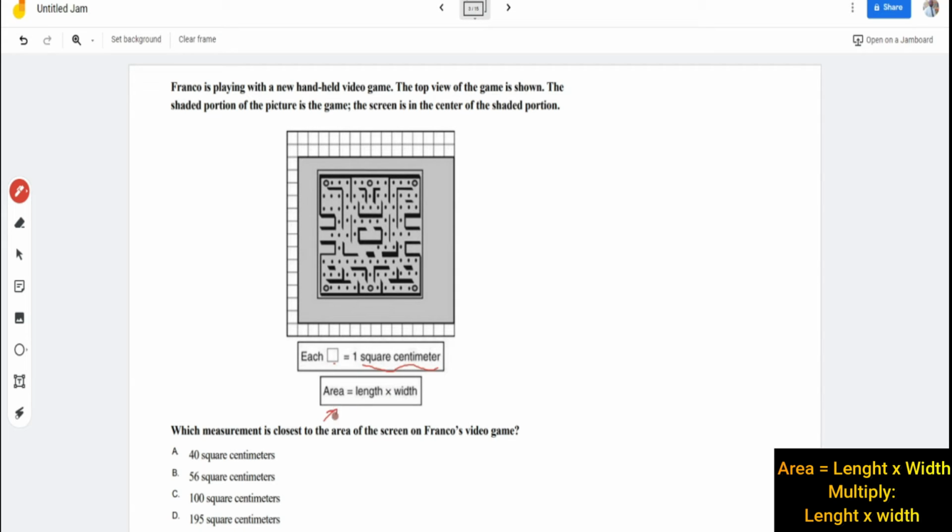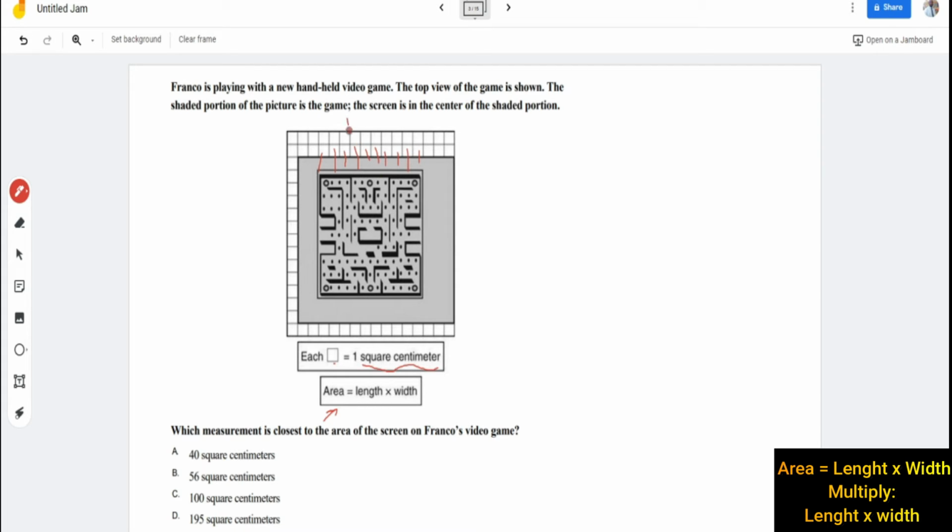Again, the formula: area is equal to length times width. Which measurement is closest to the area of the screen on Franco's video game? The screen is the one in the center, not the shaded part.